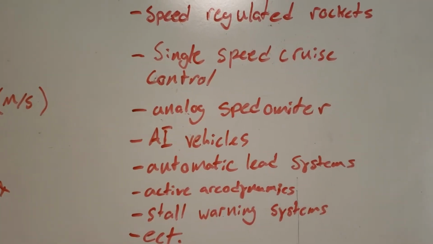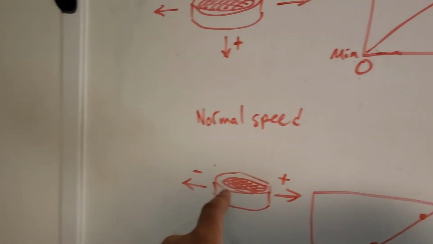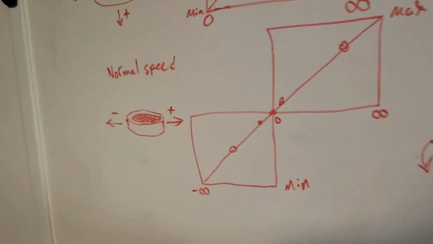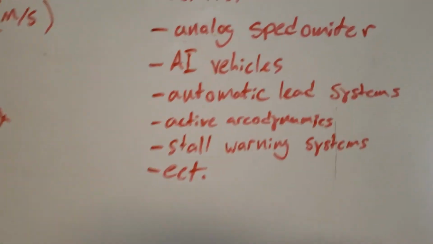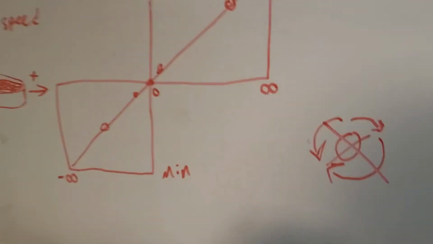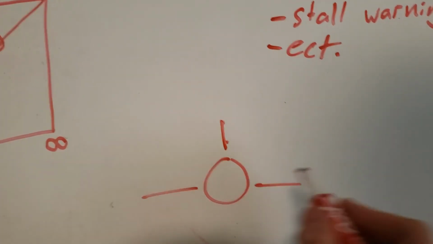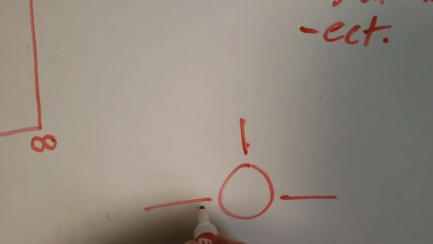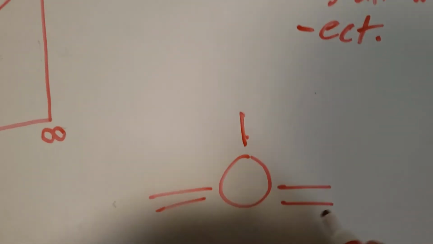Analog speedometers. Speedometer is pretty simple. You would probably want to be using normal speed since it would only be registering your forward movement. So that could be very good. And then you'd also want to, for instance, let's say this was our speedometer, right? And you have either side 90 degrees. You wouldn't want to put the start of the speedometer there or there.